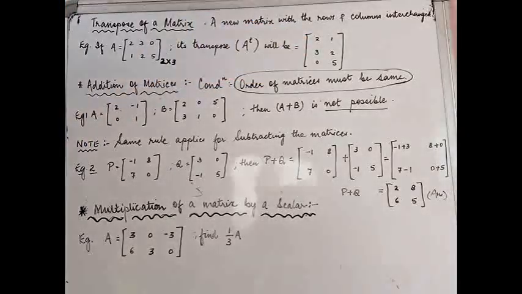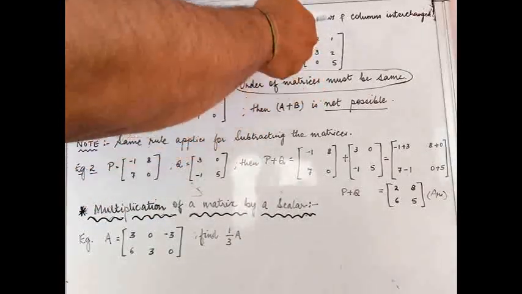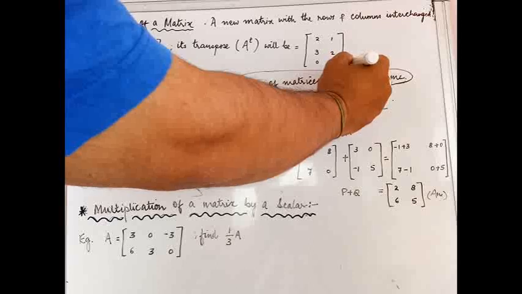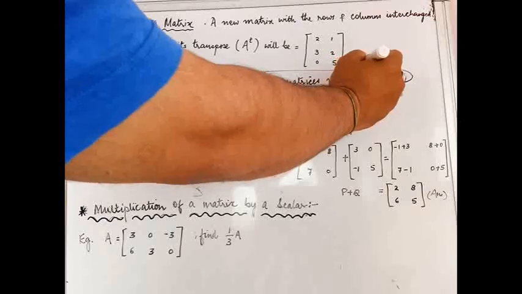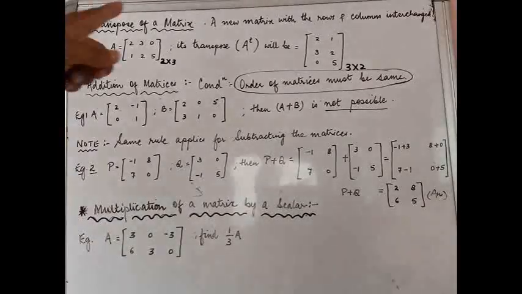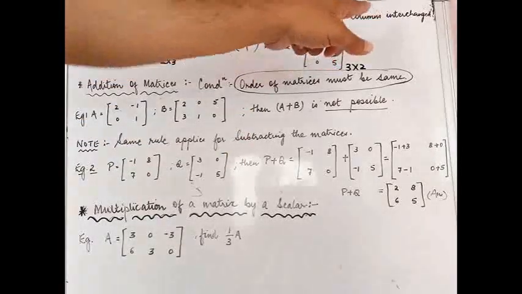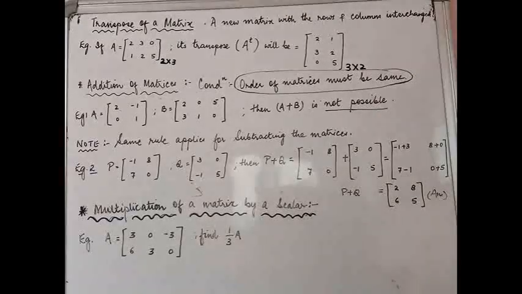Now have a look at the order of the transpose of that same matrix. It now has 3 rows and 2 columns, so its order will become 3 by 2. So the order gets interchanged as well. The number of rows becomes the number of columns, and the number of columns becomes the number of rows, obviously because we are interchanging them according to the definition. So please remember the transpose of a matrix and how it is obtained.